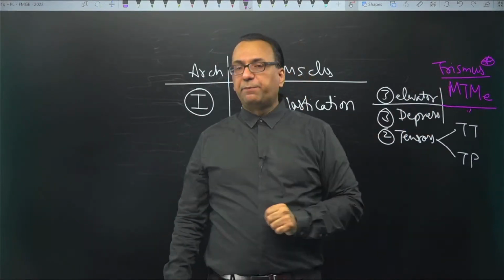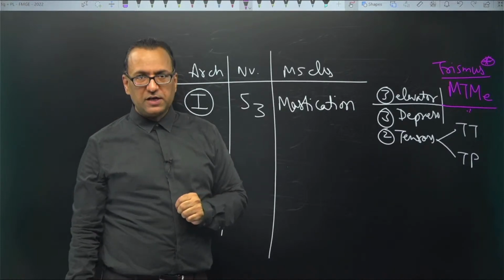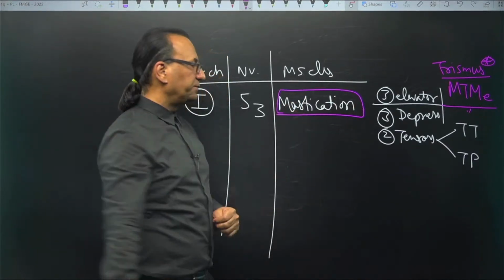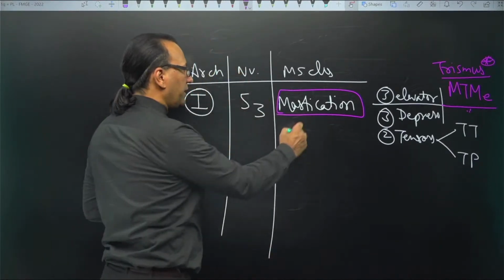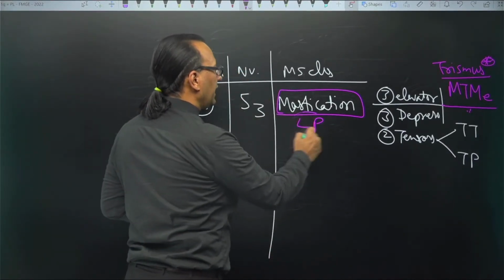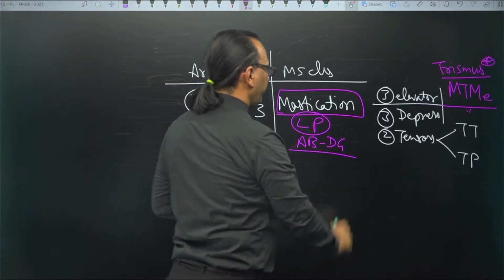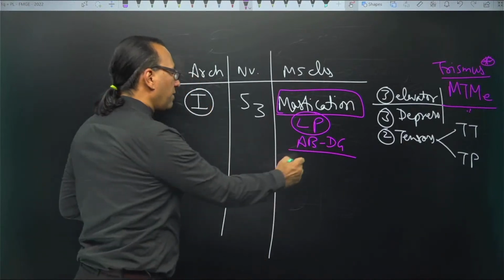What about the depressors, 3 depressors? We have enumerated 3 elevators, 3 depressors. The 3 depressors, which are again muscles of mastication, move the mandible down to open the mouth. Number 1 should be lateral pterygoid. And then you have anterior belly of digastric, which can move the mandible down. And there is another one, mylohyoid.